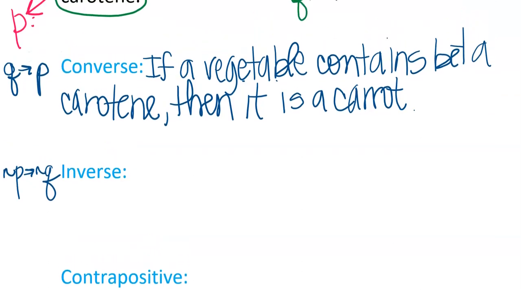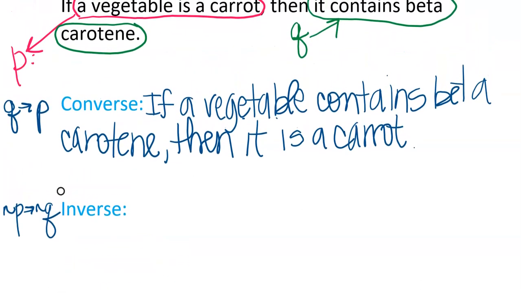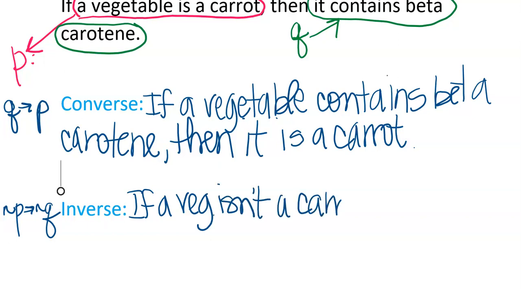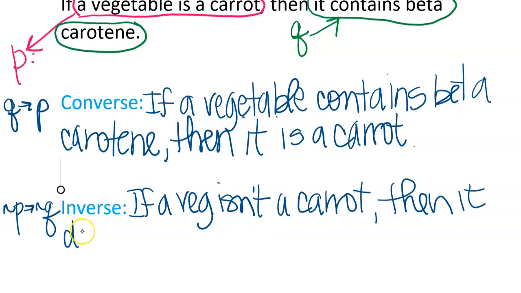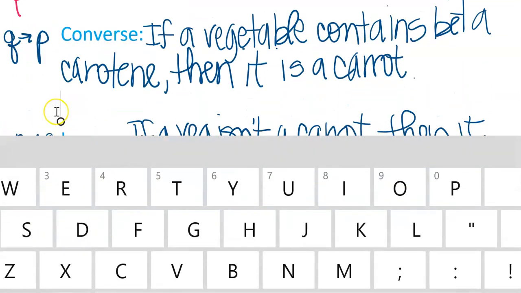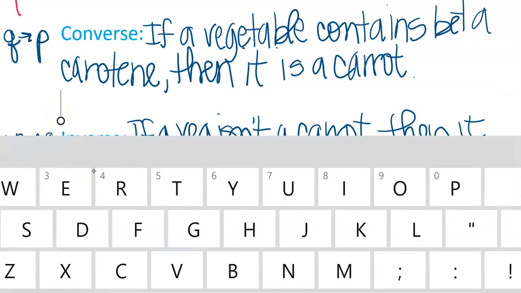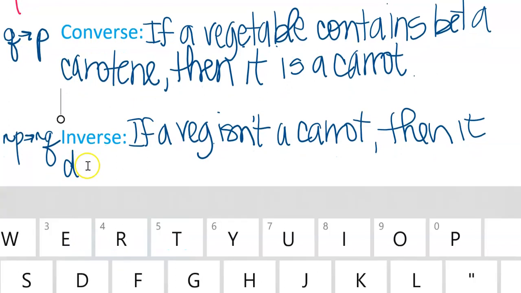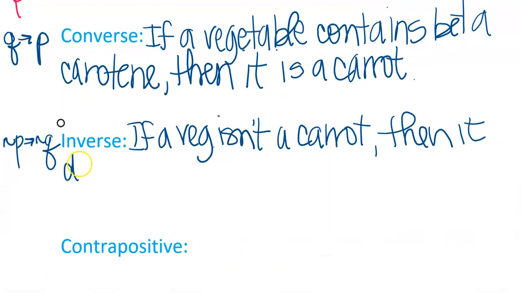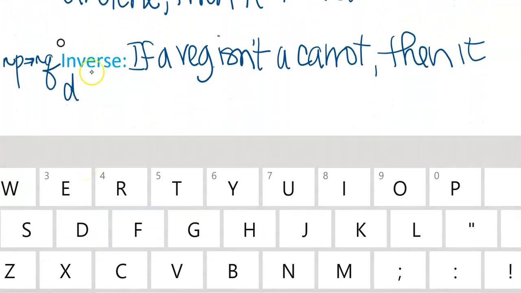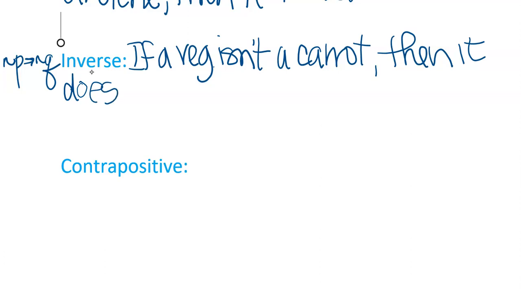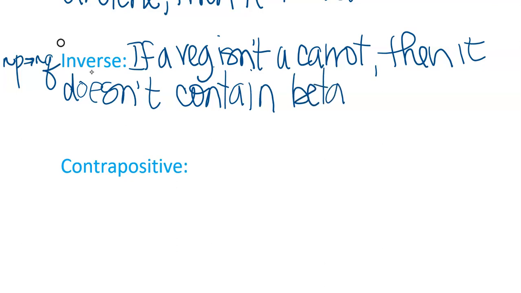Okay. I have to go down just a little bit. Okay, so if a vegetable is not a carrot, and I'm going to abbreviate a little bit, then it doesn't contain beta carotene.